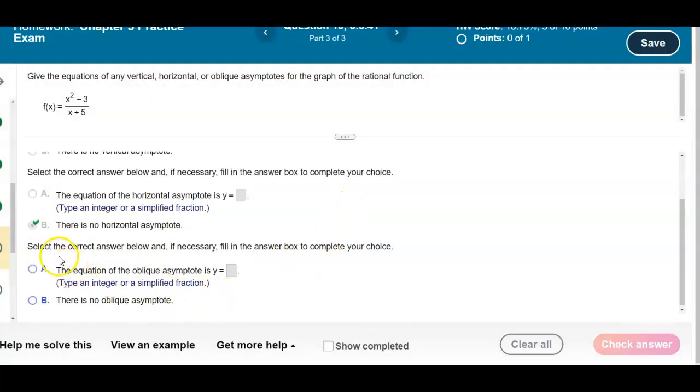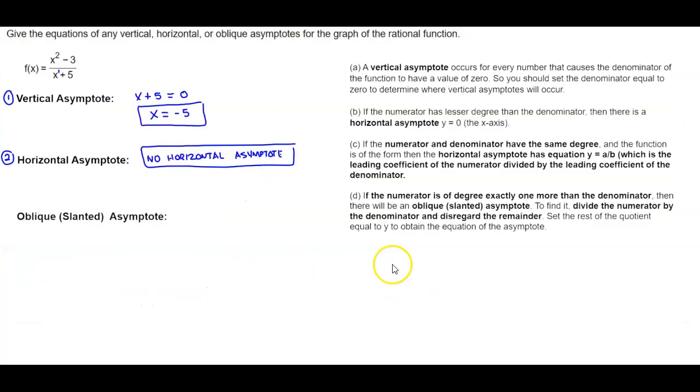Now it says to check whether there is an oblique asymptote. We just determined that there is, because the degree of the numerator is 1 more than the degree of the denominator. So how do we find the oblique asymptote? To find it, we have to divide the numerator by the denominator and then disregard the remainder. Then we set the rest of the quotient equal to y to obtain the equation of the asymptote.